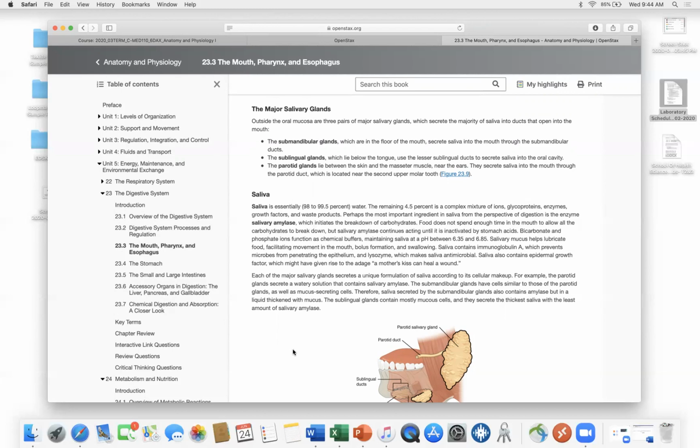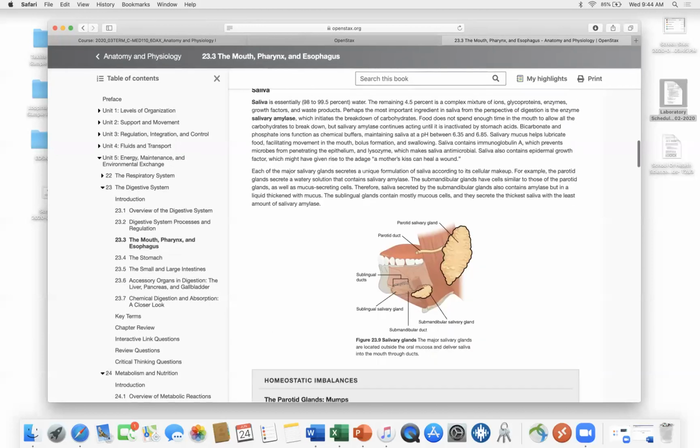You feel that little thing that kind of bumps out? That's your masseter. And right now, even though I'm not eating anything, my mouth is getting moist. Because why? I'm chewing, right? It automatically starts pressing on these glands, and the glands are going to start releasing salivary amylase.